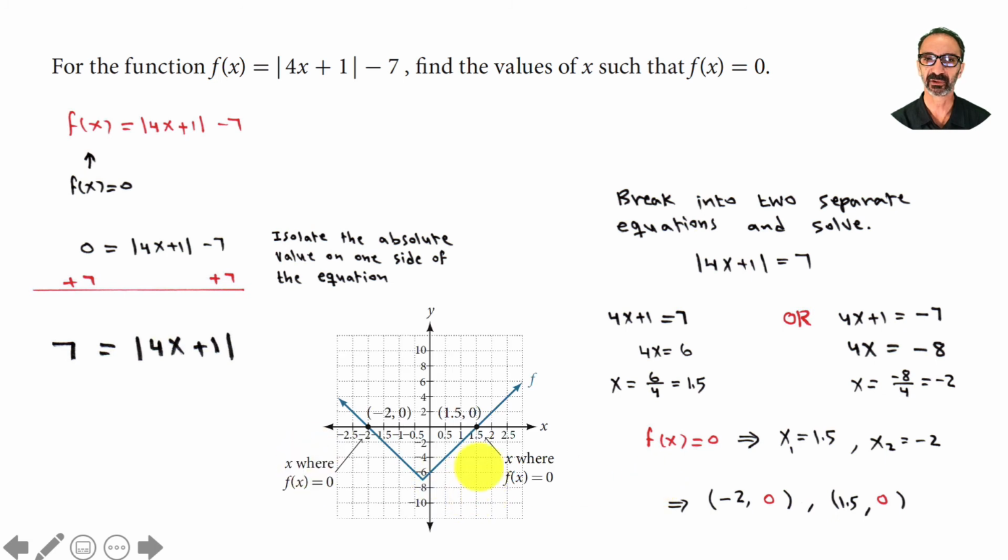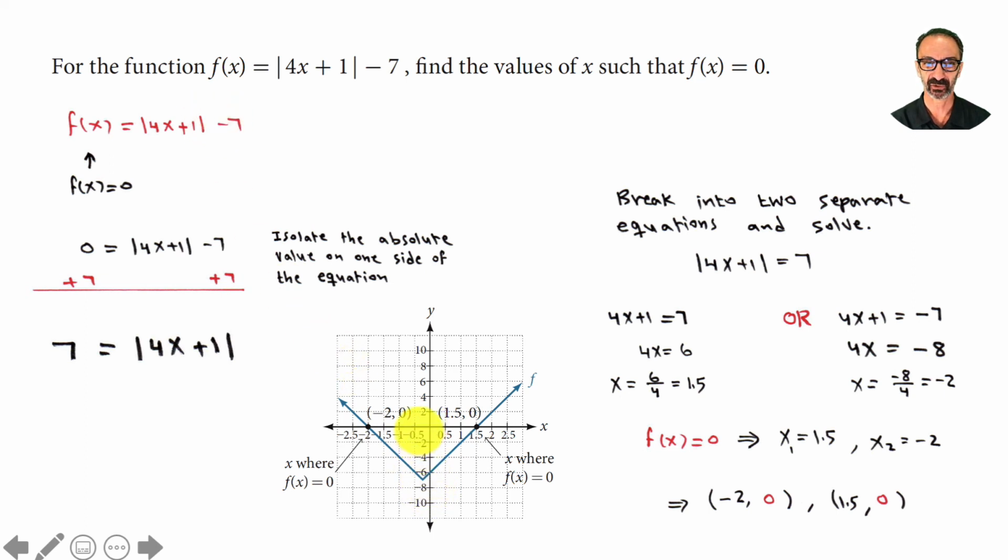To support it graphically, this is what I have. The V shape, the absolute value, crosses the x-axis at 1.5 and crosses the x-axis at -2. We could also support that this graph is shifted down 7 units. You could see that.